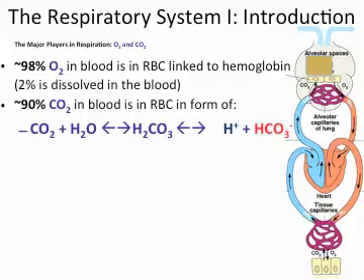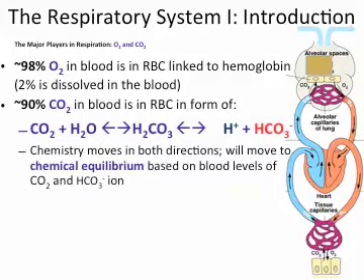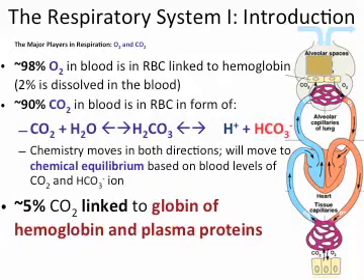If you eat a bunch of Tums, so you take a bunch of bicarb, that's HCO3-. If you increase that component in this chemistry, then the reaction will be driven to the left. So in other words, chemistry moves in both directions. The equation itself is trying to move to equilibrium, but in physiology it's never going to achieve equilibrium until you're dead.